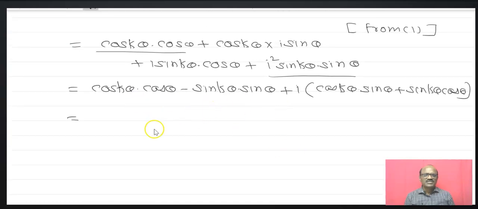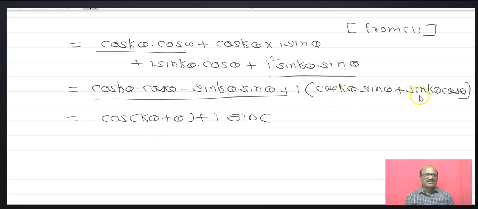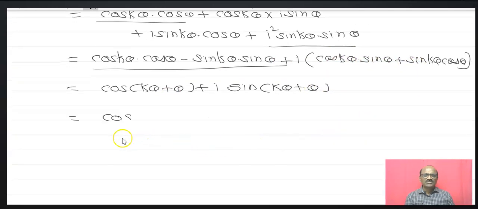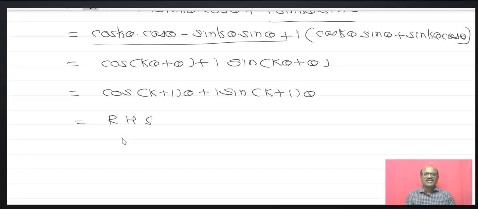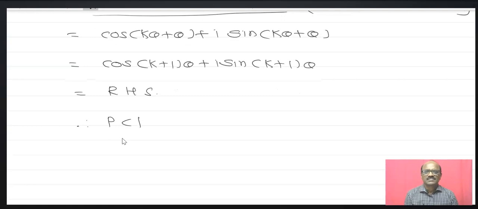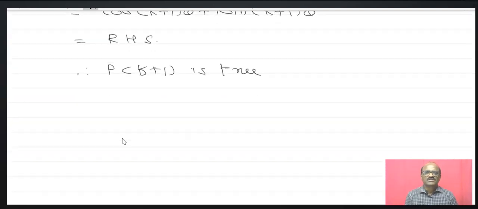Now this is the expansion of cos of (k theta plus theta) and sin of (k theta plus theta). We take theta as common: cos of (k plus 1) theta plus i sin of (k plus 1) theta, and here is the RHS. Therefore, P of k plus 1 is true.